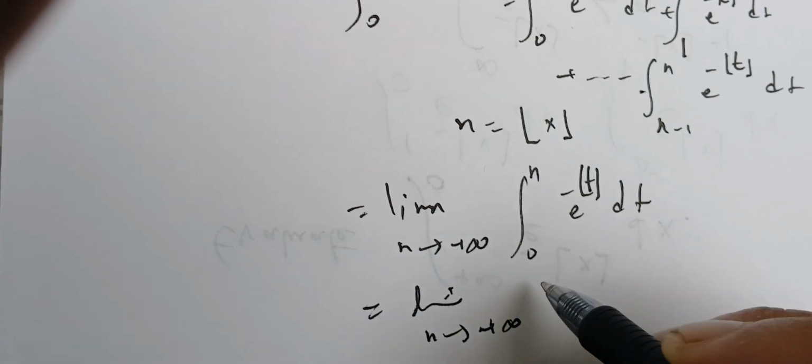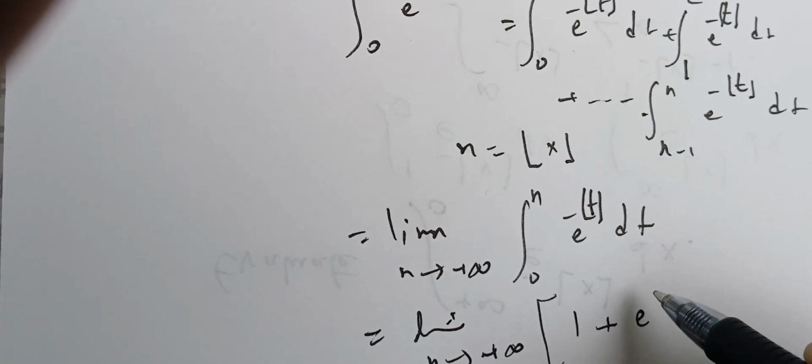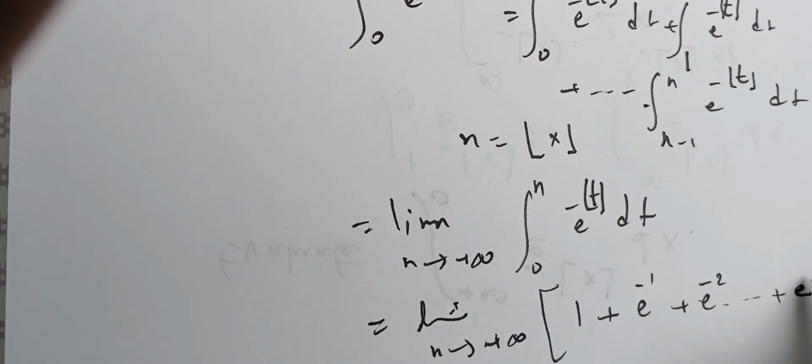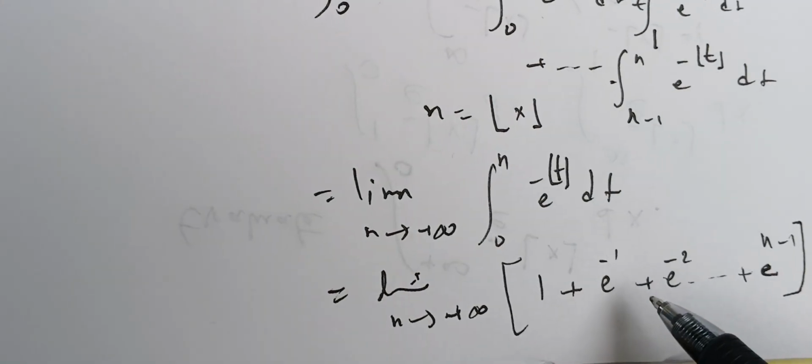So the limit as n goes to infinity of 1 plus e to minus 1 plus e to minus 2, and so on, until the last one, which is e to minus (n minus 1). Now this is a geometric series with ratio 1 over e.